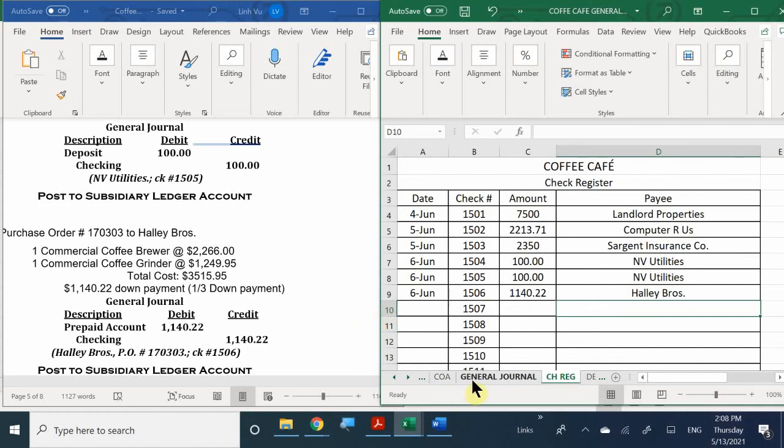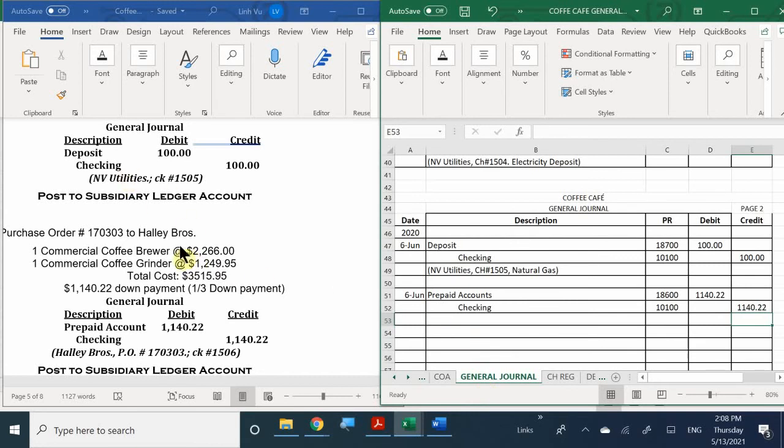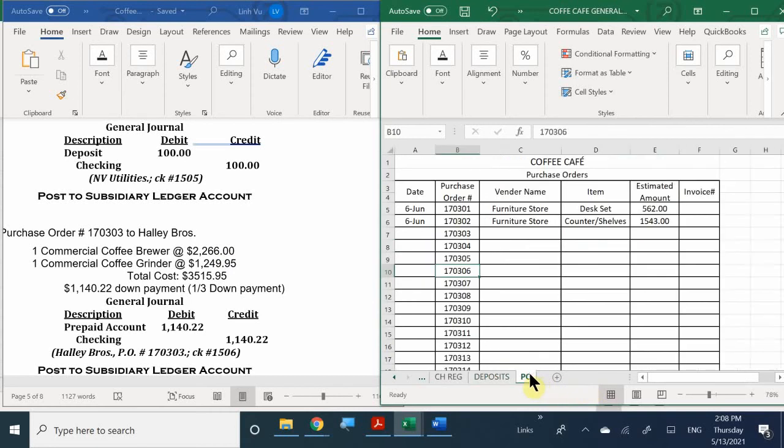And what we're going to do is, since we know what purchase order number this is, it's up to you if you want to do it now. So what I'm going to do is I'm going to validate that we have the purchase order. So purchase order number 303, okay, that I am requesting from Haley Bros.